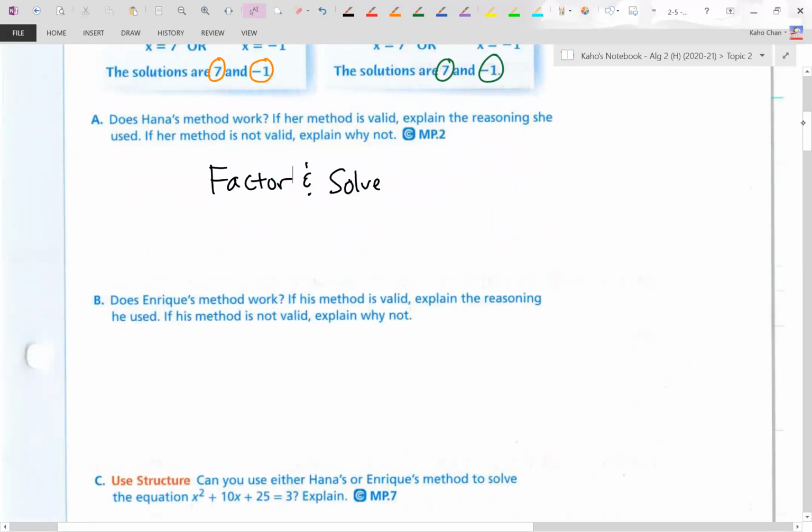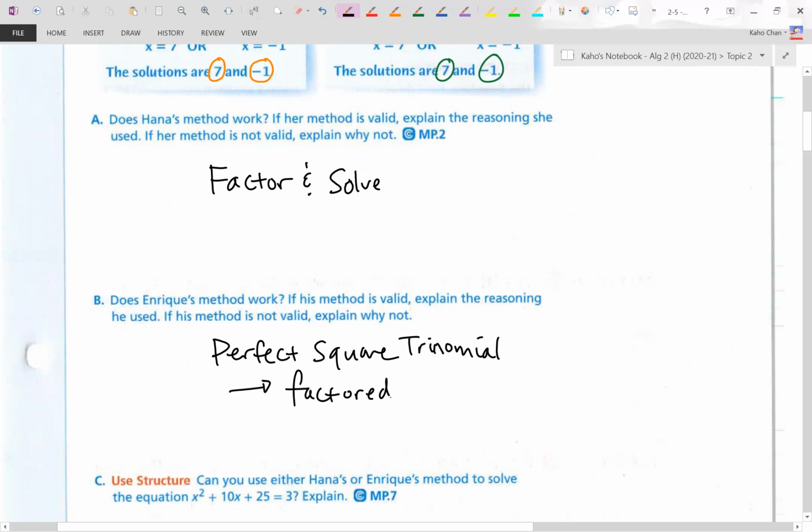Enrique did perfect square trinomial. He went ahead and factored it. And then square rooted both sides.